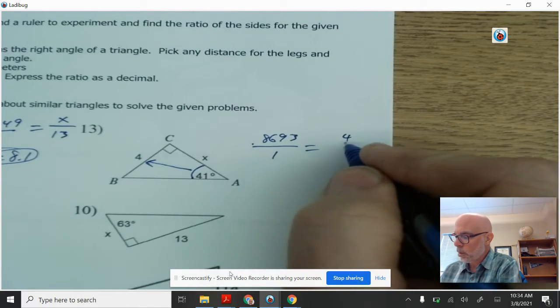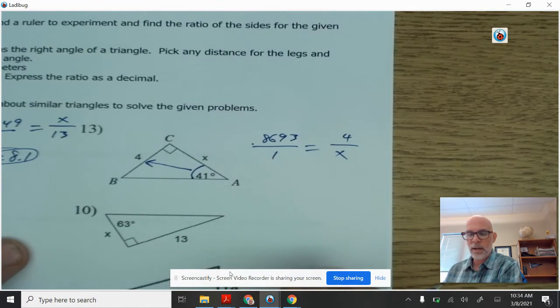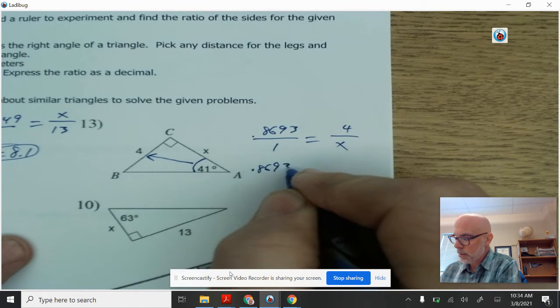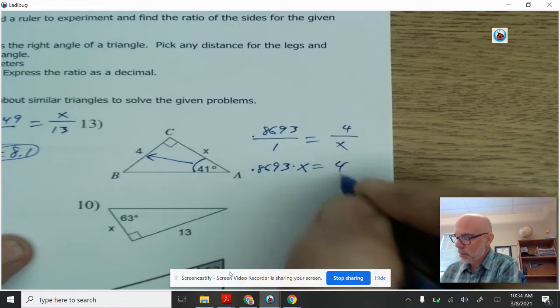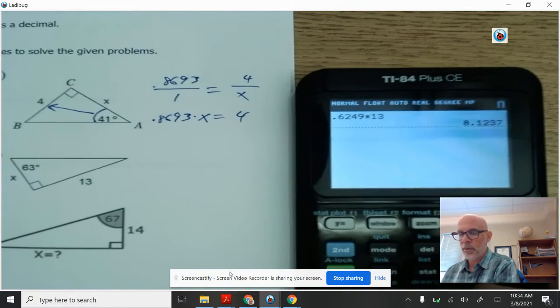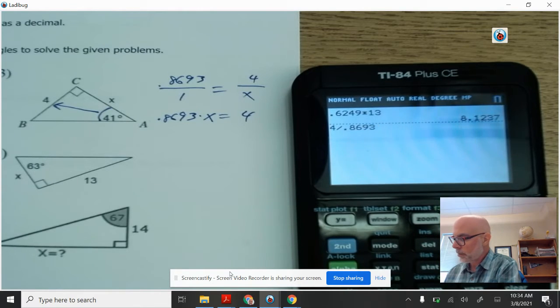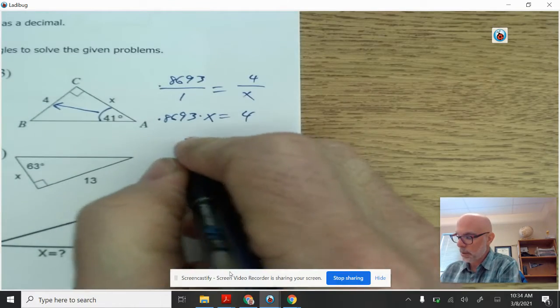So that would be 4 over x. So I can tell on this one that it's going to be 4 divided by 0.8693. So it's going to be 4.6. Solve for that missing side.